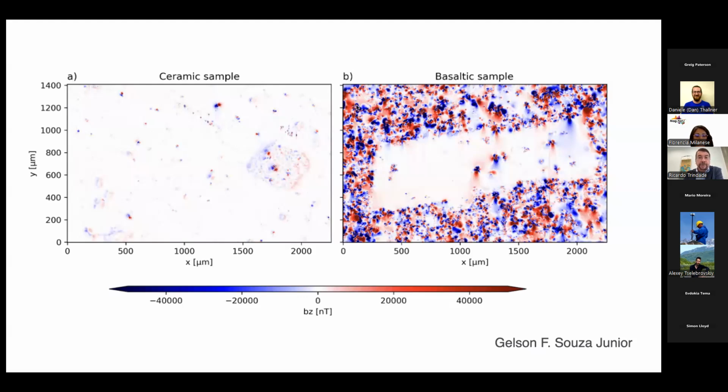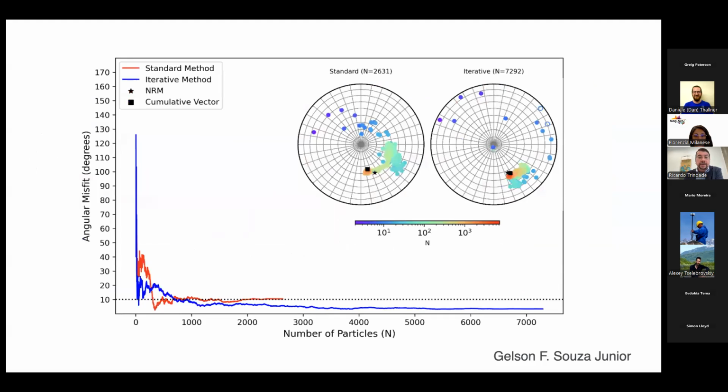I'll show the results only for the basaltic sample for shortness. So when we see the basaltic sample, here we have the angular misfit. Here's 10 degrees. Here's the number of particles. We were able to image from that basaltic sample about 7,292 particles.